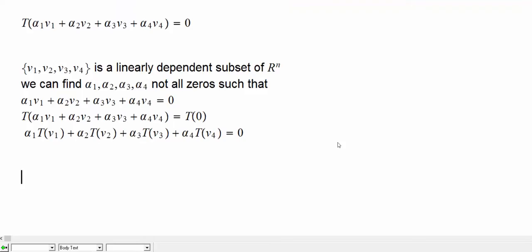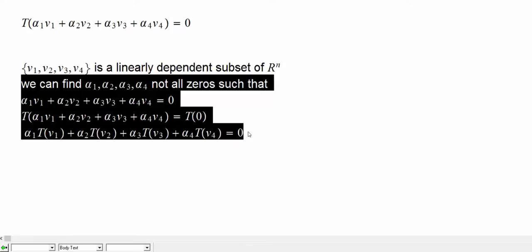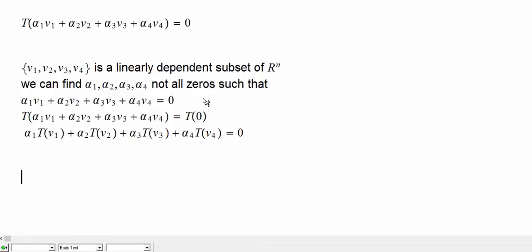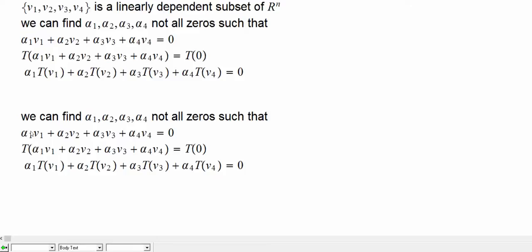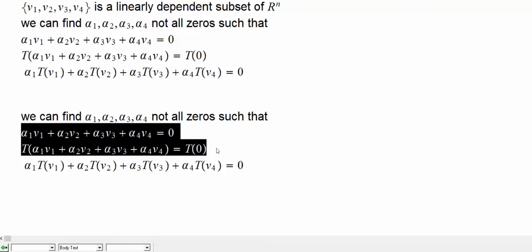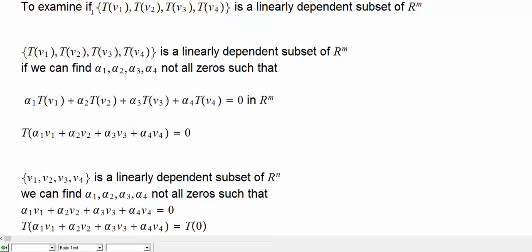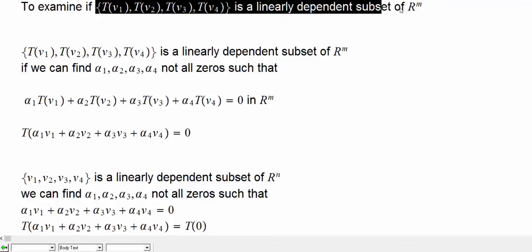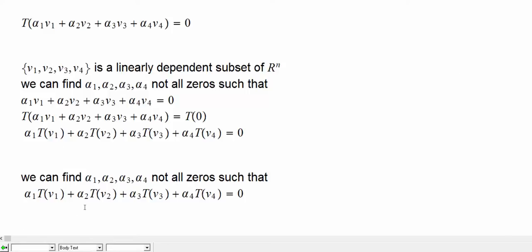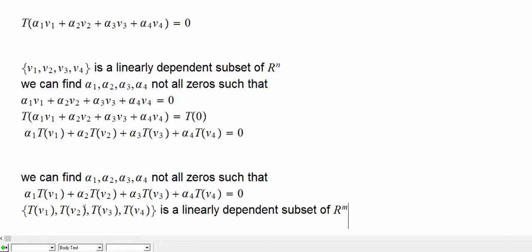So what we have been able to do is show that we can find alpha 1, alpha 2, alpha 3, alpha 4, which are not all zeros, such that this linear combination is 0, and that will give us what we wanted to check, that this set is a linearly dependent subset of Rm.